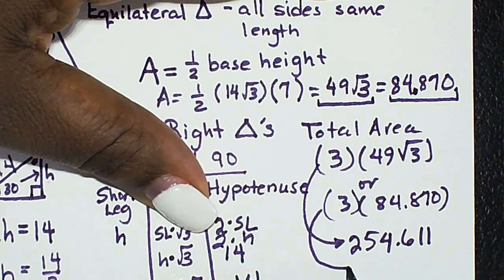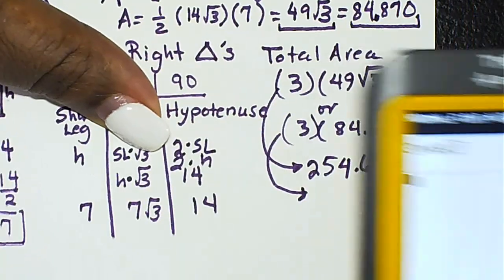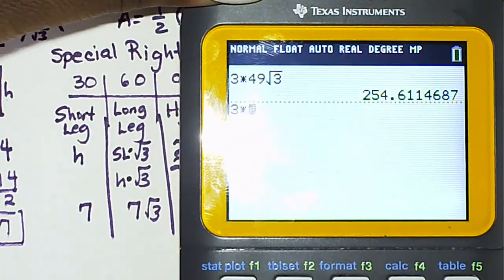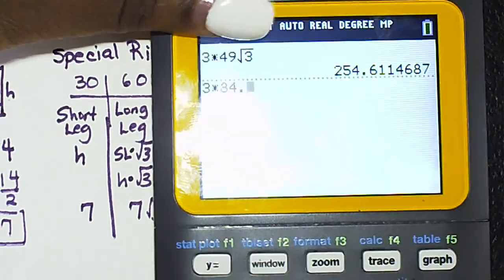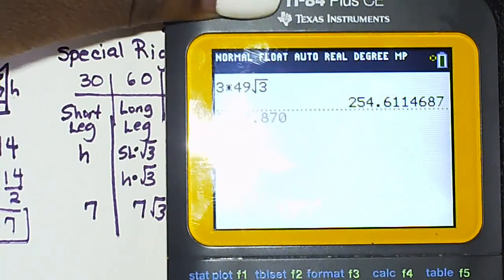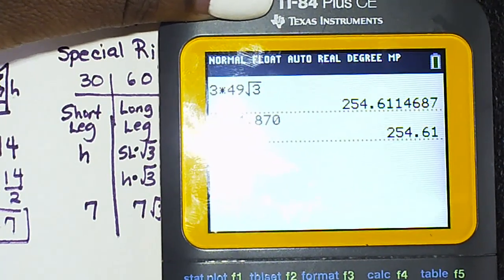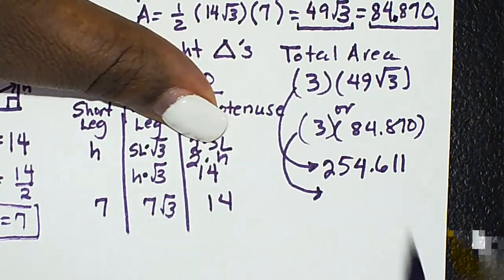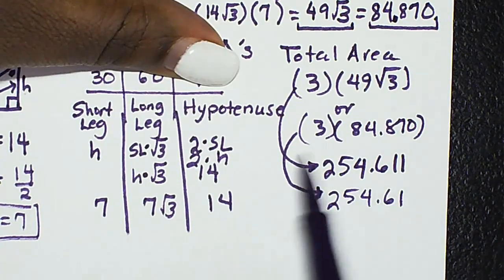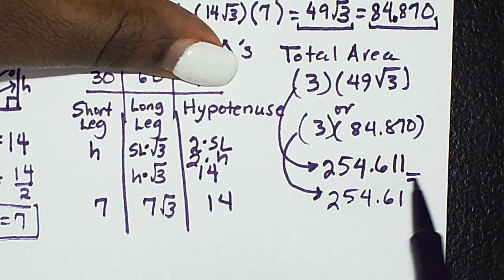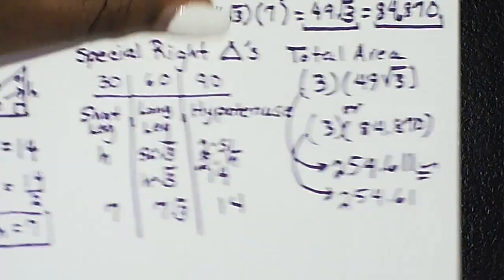Let's see what this quantity comes out to be. 3 times 84.870 is 254.61. Oh, they're about the same, see? About equal.